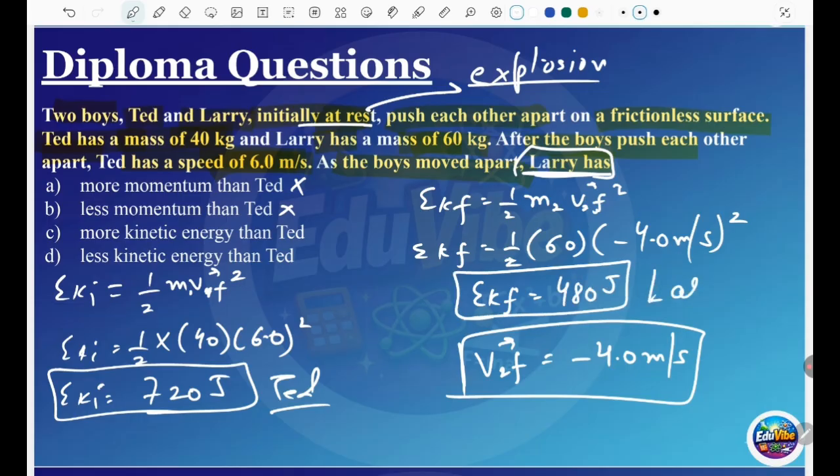This is for Lally. So which one has the highest energy? This one has the highest energy. That means Lally has the less net energy. As I always say, this is the less and this is the larger. So Lally has less net energy than the other.